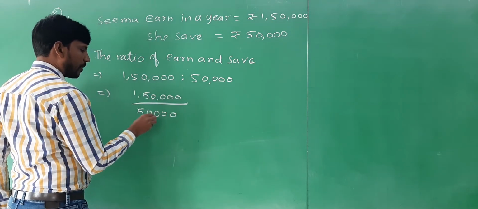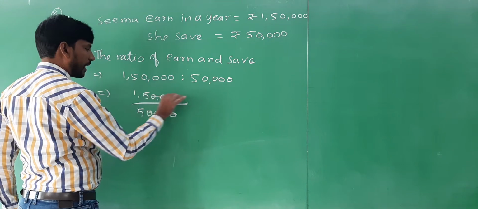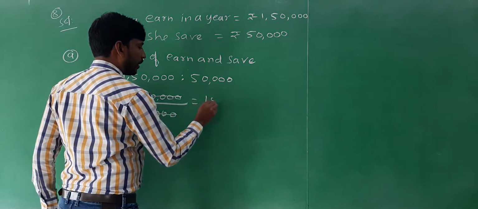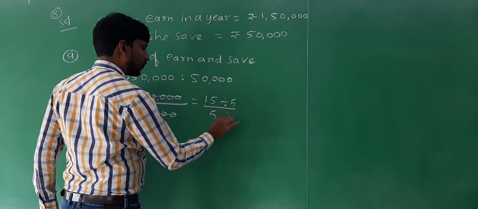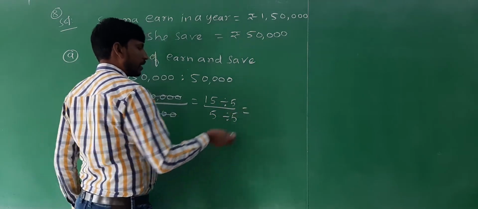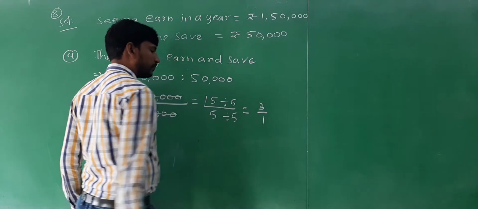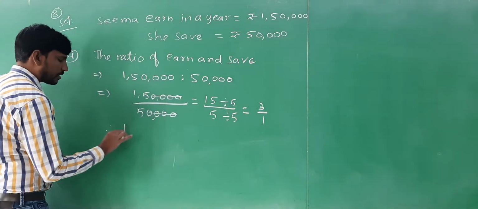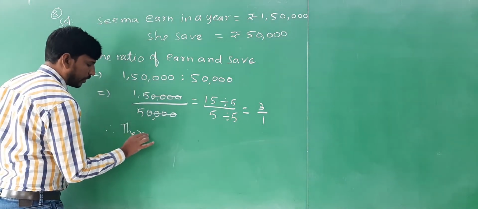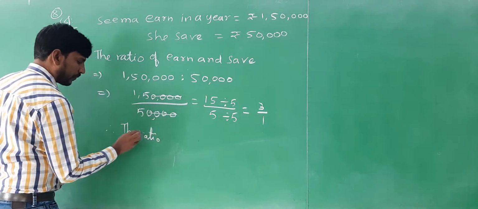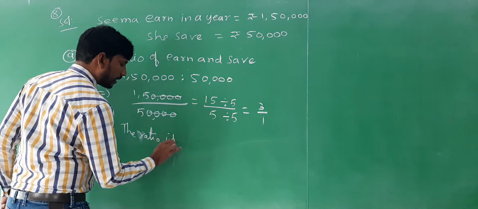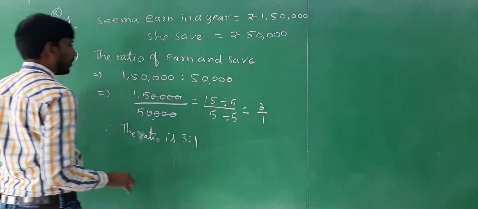Here 4 zeros will be cancelled, and we get 15 by 5. 15 is a multiple of 5, so divide with 5 in numerator and denominator. We will get 3 by 1. Therefore the ratio is 3:1. This is A bit.